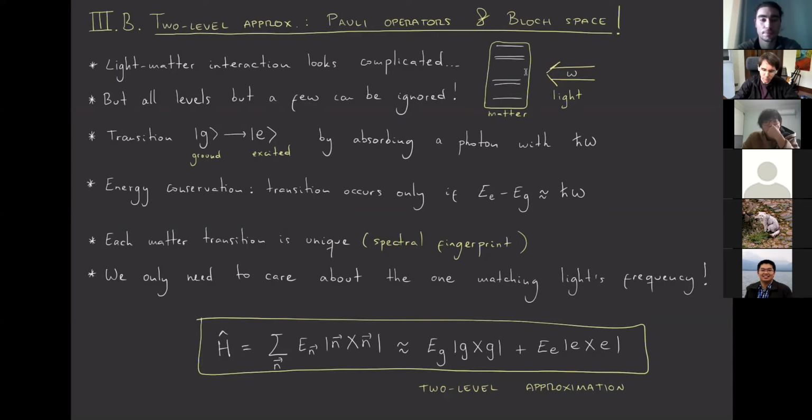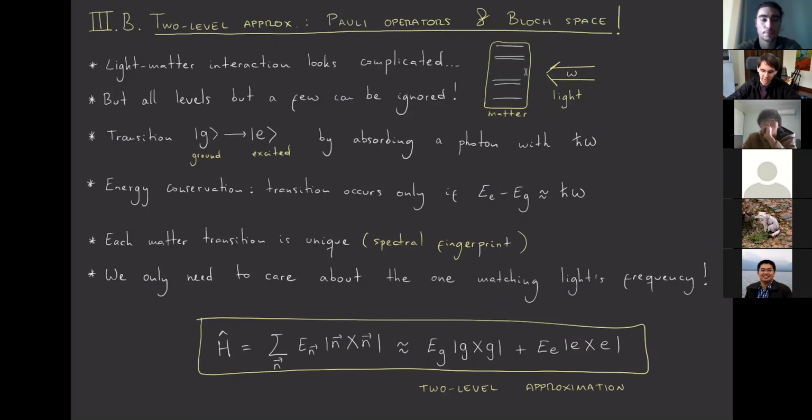In principle, this looks like a very difficult problem because we have an electromagnetic field with many modes interacting with an energy structure that has no order. It's very non-uniform.